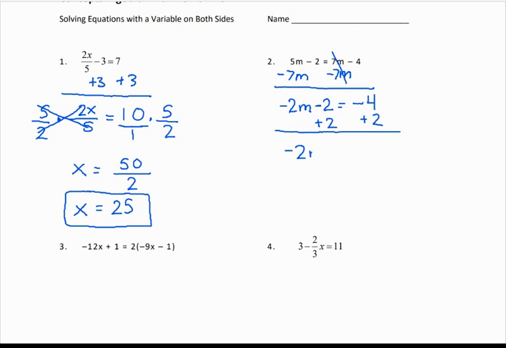So negative 2m equals negative 4 plus 2 is negative 2. Divide by negative 2 gives me m equals 1.